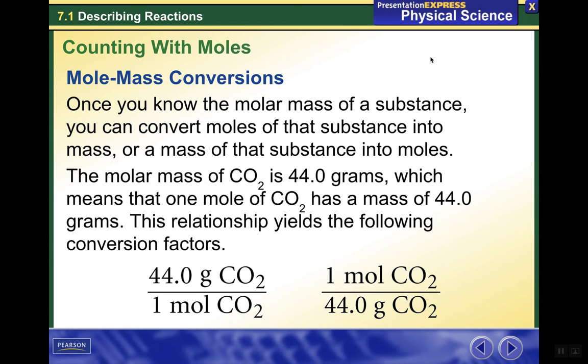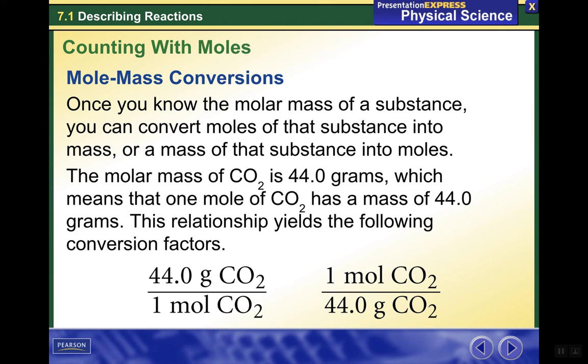Now, once we know the molar mass of an element or the molar mass of a compound, we can flip back and forth between number of moles and number of grams. Okay? And we can do that using a conversion factor. So if you notice on this page, there's 2 ways to express that relationship.